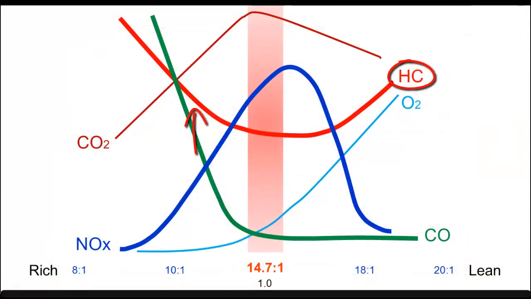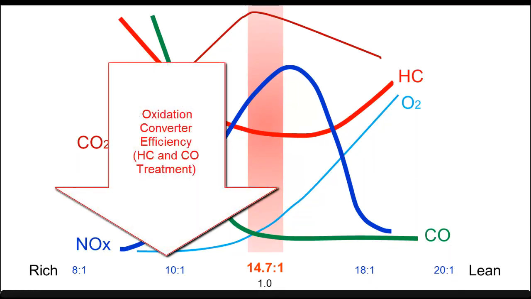Hydrocarbons up at 1,030 parts per million. Carbon monoxide up at 10.5%. When mixtures are rich, oxidation converter efficiency is reduced. Hydrocarbon and carbon monoxide emissions remain high.